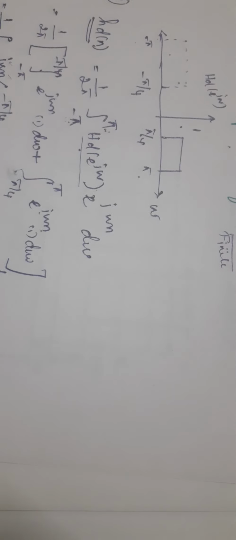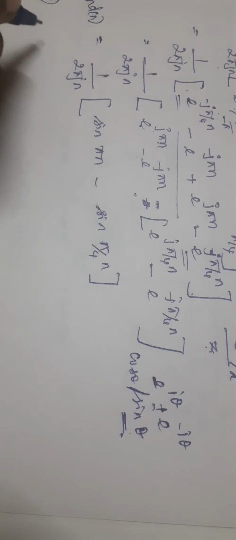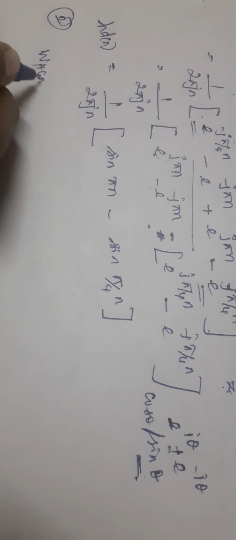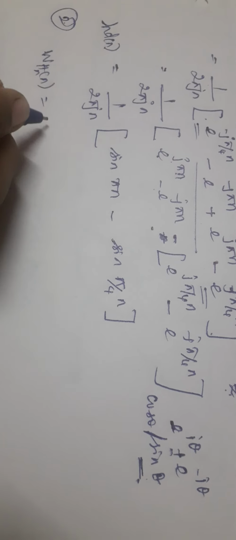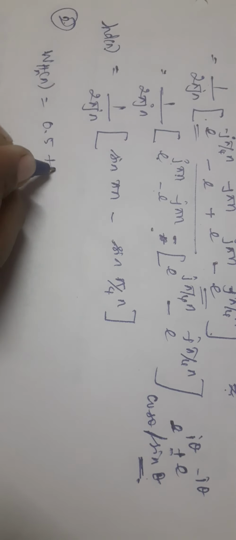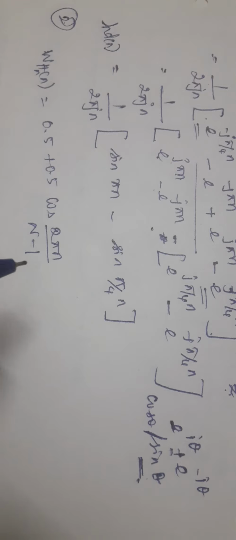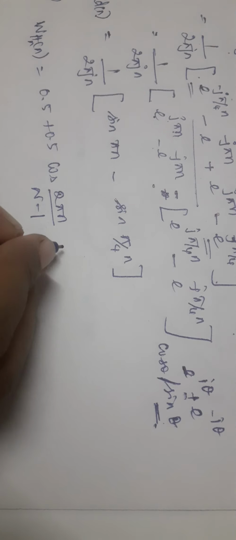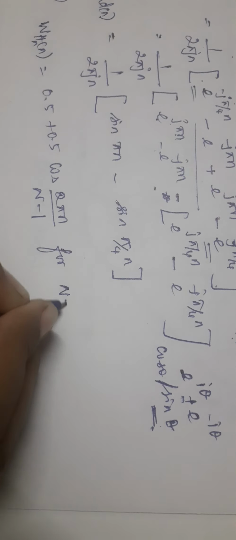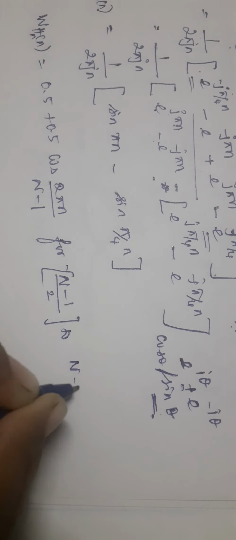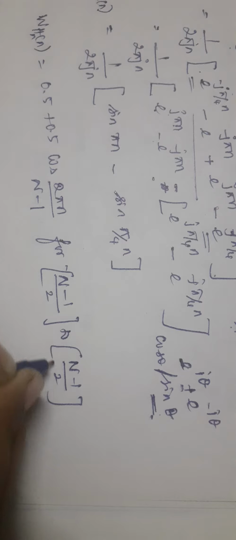So the formula for Hanning window, w h of n equal to 0.5 plus 0.5 cos of 2 pi n divided by n minus 1, for the values of n from minus of (n minus 1) by 2 to plus (n minus 1) by 2.